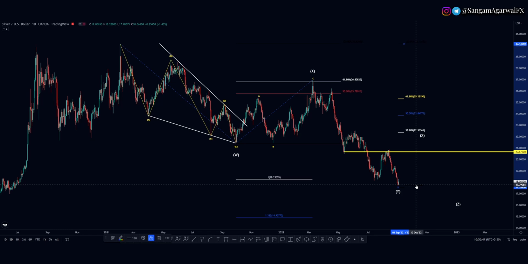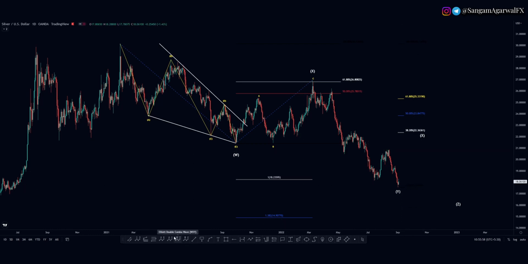It has made a new lower low. While gold is still trading below that previous low. Gold and silver respond to the same fundamental news, but these two, Bitcoin and silver, respond faster than gold to the same news.